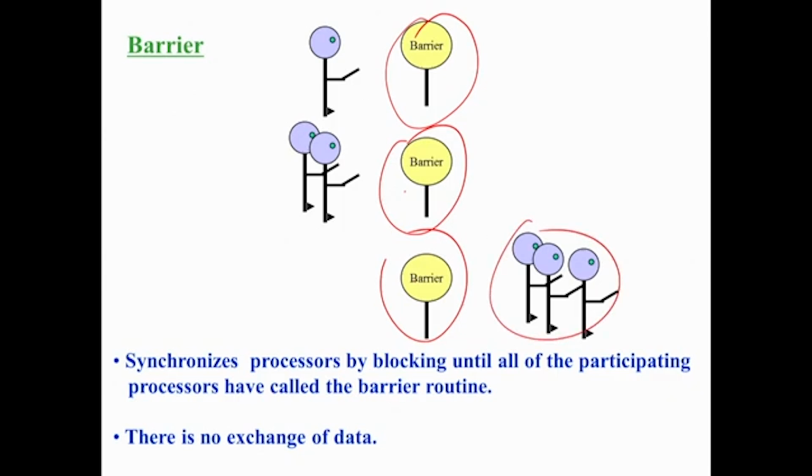The way you implement the barrier basically synchronizes processors by blocking until all of the participating processors have called the barrier routine, and there is actually no exchange of data. So barrier is one particular construct that we need to build when many processes are working on that.